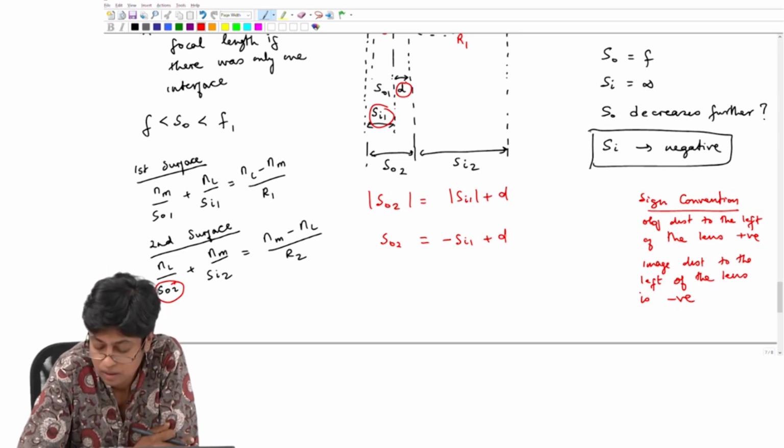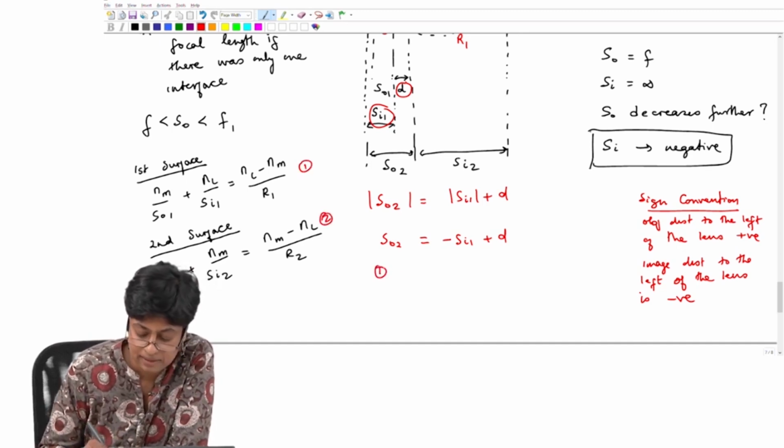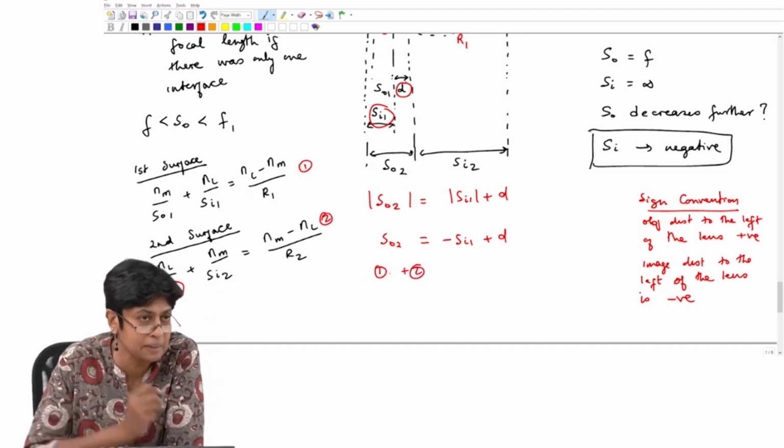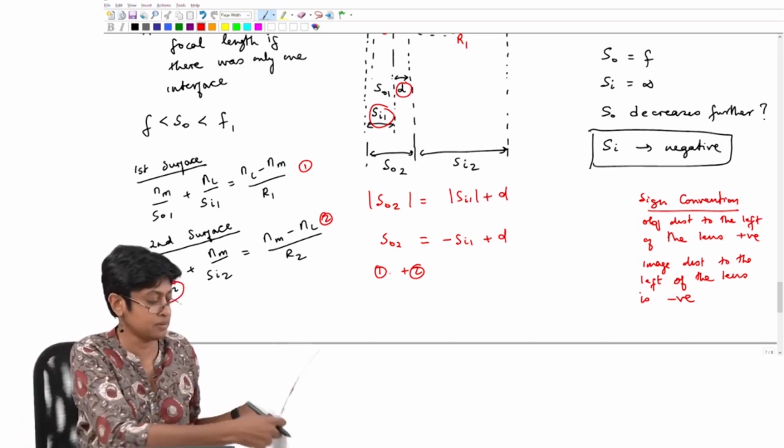Okay. So, if I now take these two equations and I add them up, keeping in mind this sign convention, let's see what we get.